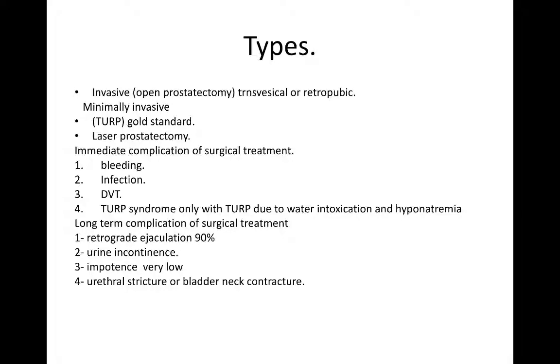However, permanent urinary incontinence is not common. Impotence, meaning decrease in the potency of the patient, occurs in a very low percentage, and sometimes urethral stricture or bladder neck contracture, which may occur years after the surgery and require a specific treatment.